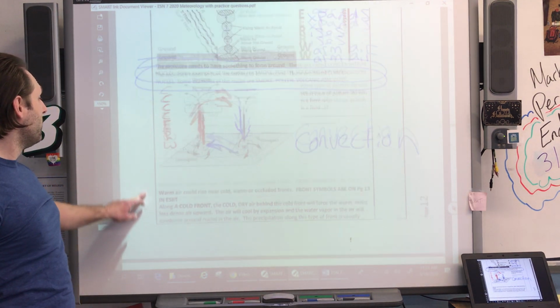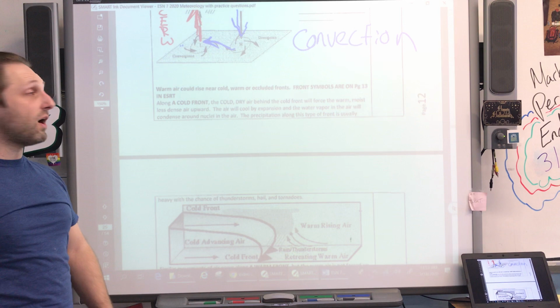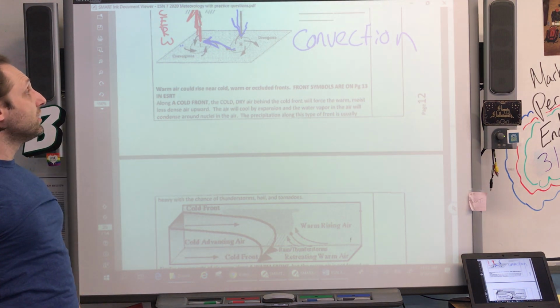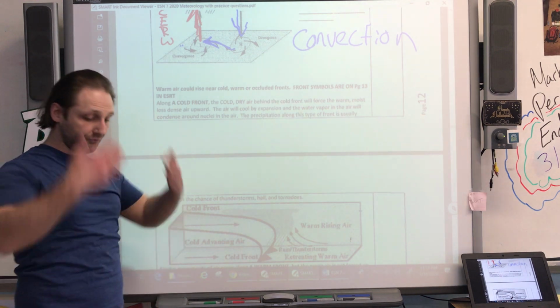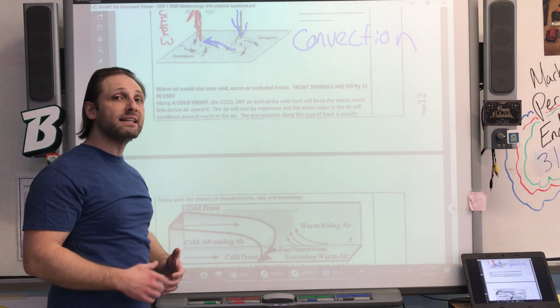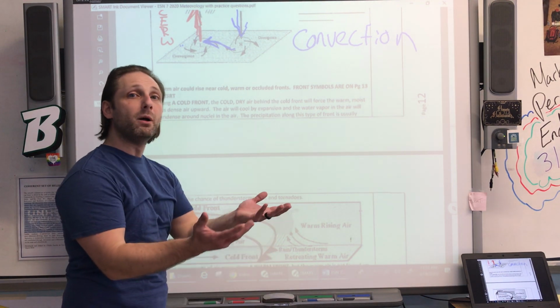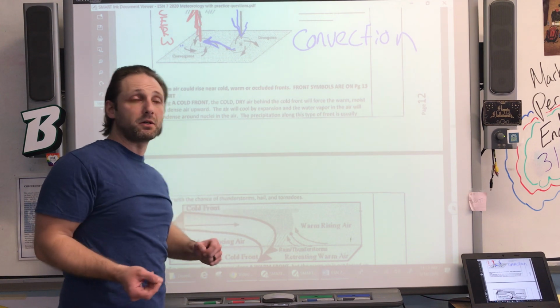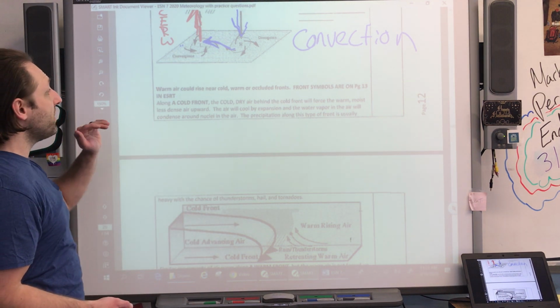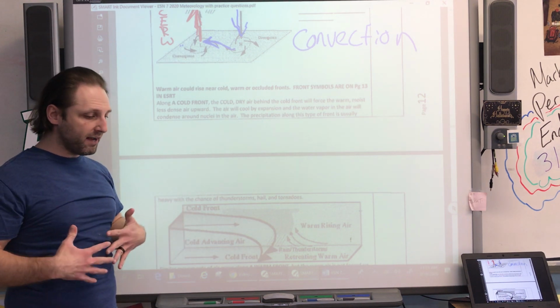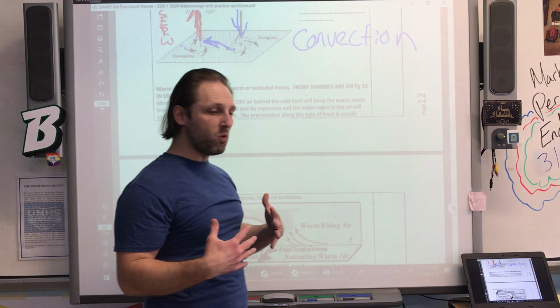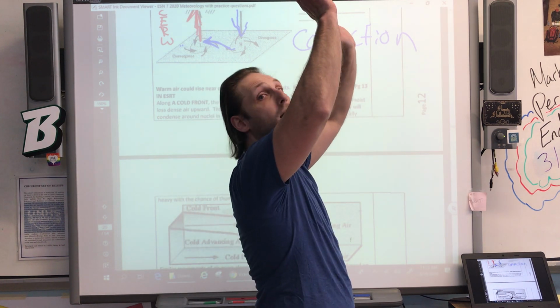All right, so warm air could rise near a cold, warm, or occluded front. So different frontal symbols are indicating that air is being pushed up and the REC process is occurring. Okay? So along that cold front, like me, the cold front, or dry, cold air mass is moving into an area that's warm, it's going to push that air up.